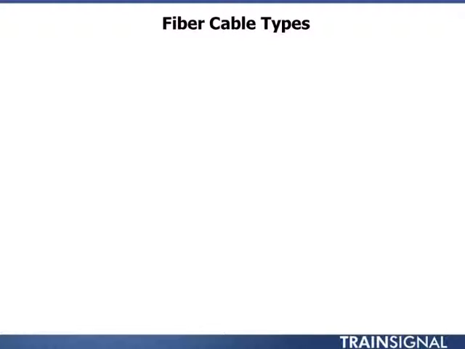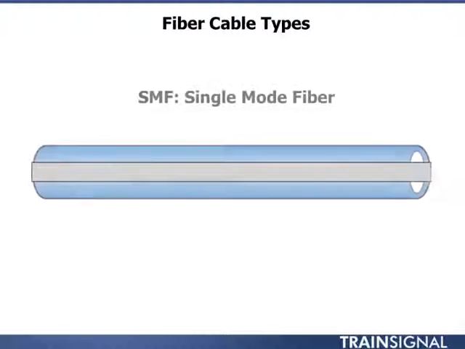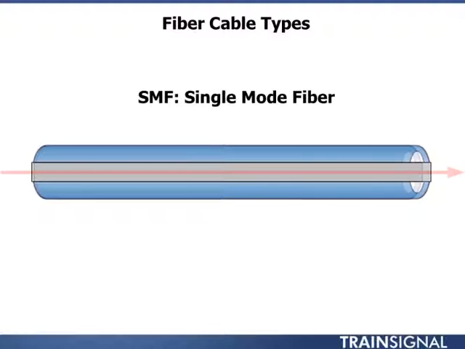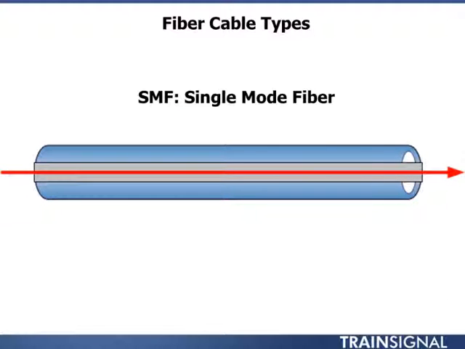Now, there are several different types, specifically 2 fiber optic cable types. The first is called single mode fiber, sometimes called SMF. You actually see the representation of a fiber optic cable here. Single mode fiber actually has a single path of light. Because of the way the cable is constructed, there is essentially one path of light going from end to end, straight across and through.